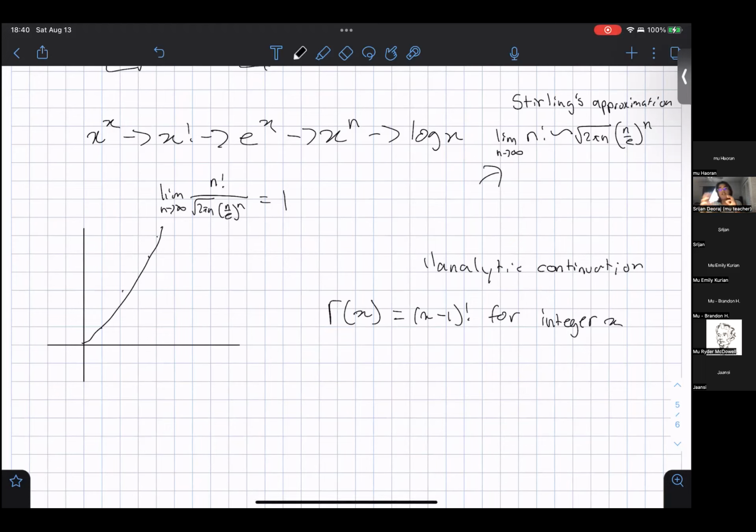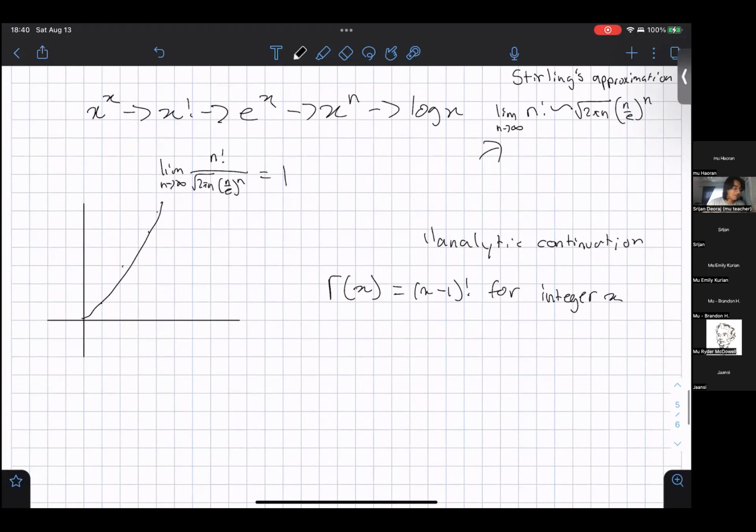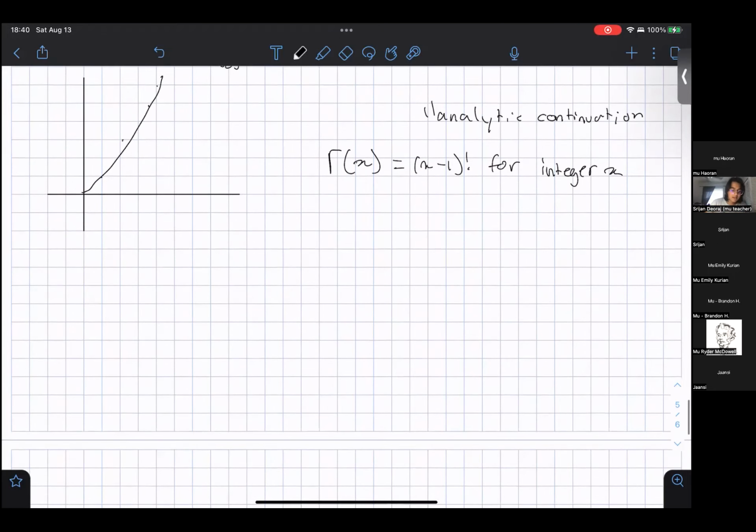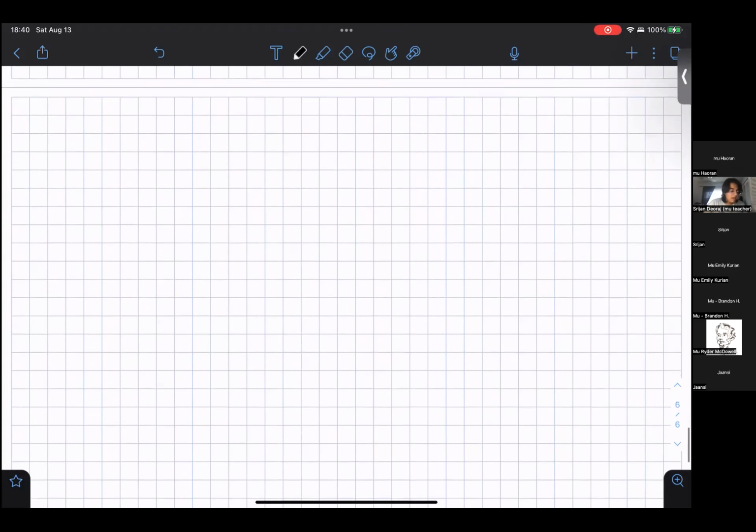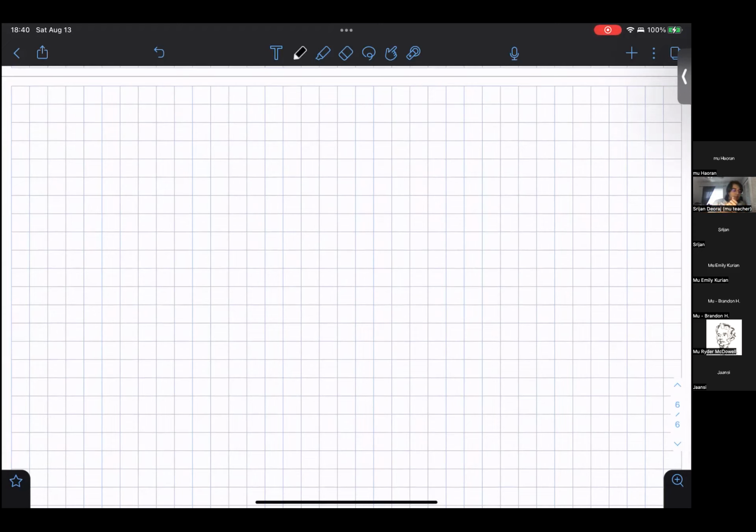And then it's also defined, continuous, over the real numbers. So it has values for even decimals. You can plug in gamma of 1/2 and you'll get a value. I'm not going to get too into it because it's beyond the scope of what we're doing right now. So now let's get into actually evaluating limits.